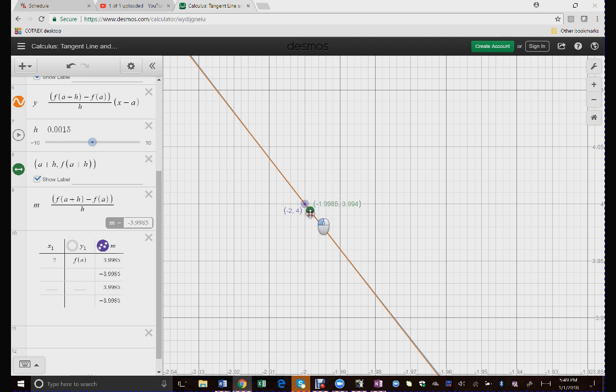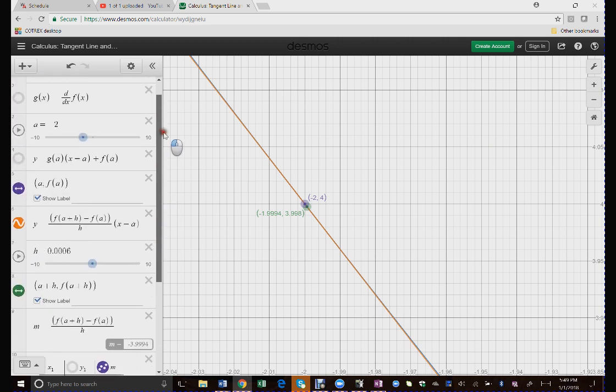Go to the other side. It's negative 3.994, which again is incredibly close to negative 4. So from here, I am going to estimate that, and we've already done it. So I'm estimating that my slope of the tangent line is negative 4.